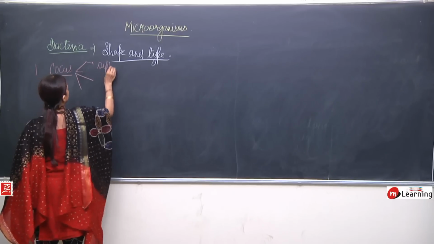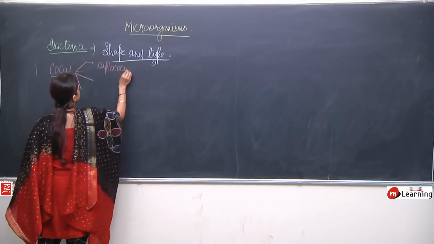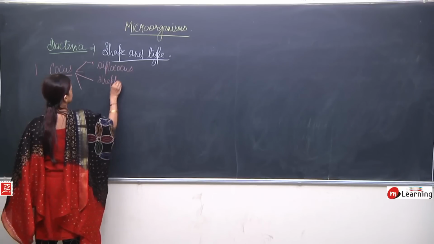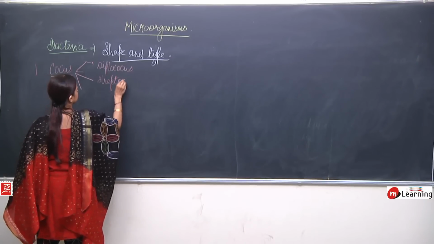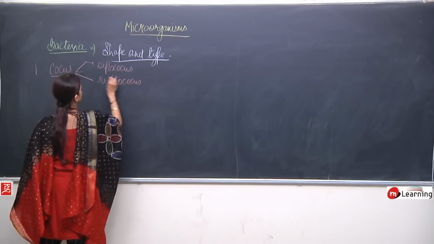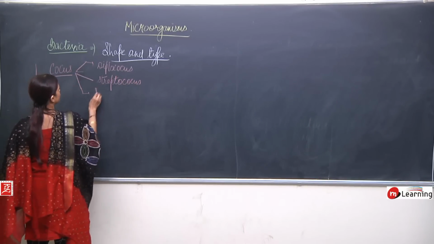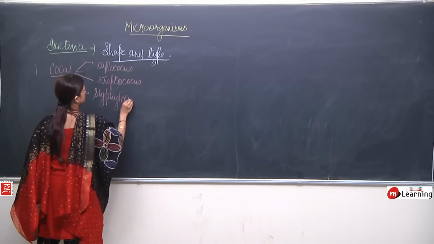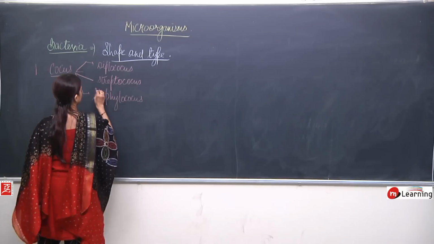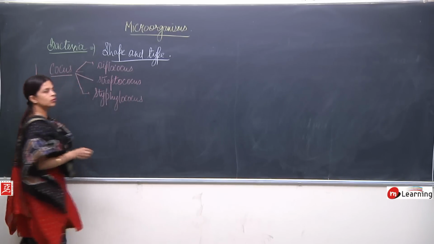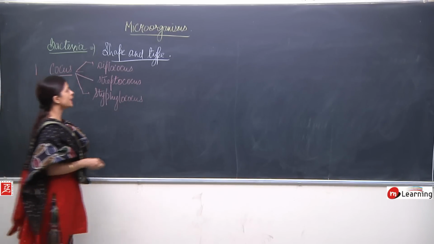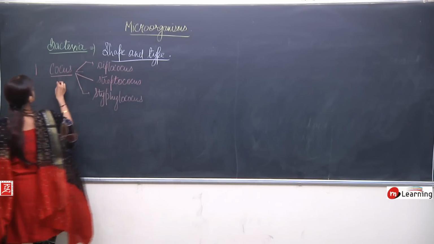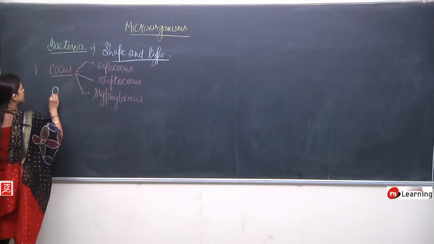One is Diplococcus, Streptococcus, and Staphylococcus. Coccus means these are of spherical shape.